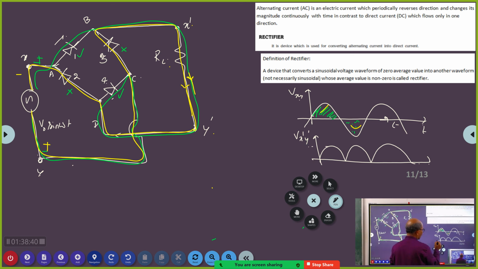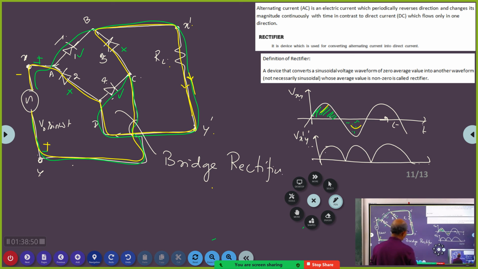Yes, sir. So this is called bridge rectifier. And this type of waveform is called full wave rectifier. Understood?